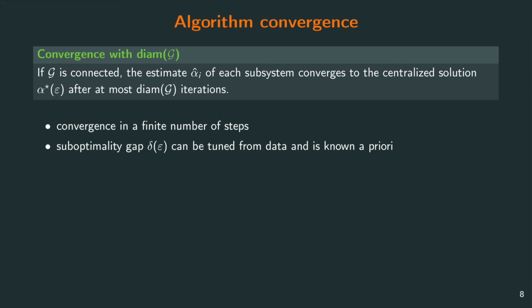Therefore, this algorithm converges in a finite number of steps, whereas most distributed algorithms converge asymptotically. Also, the suboptimality gap delta can be tuned from a data-driven expression and is in general known a priori.